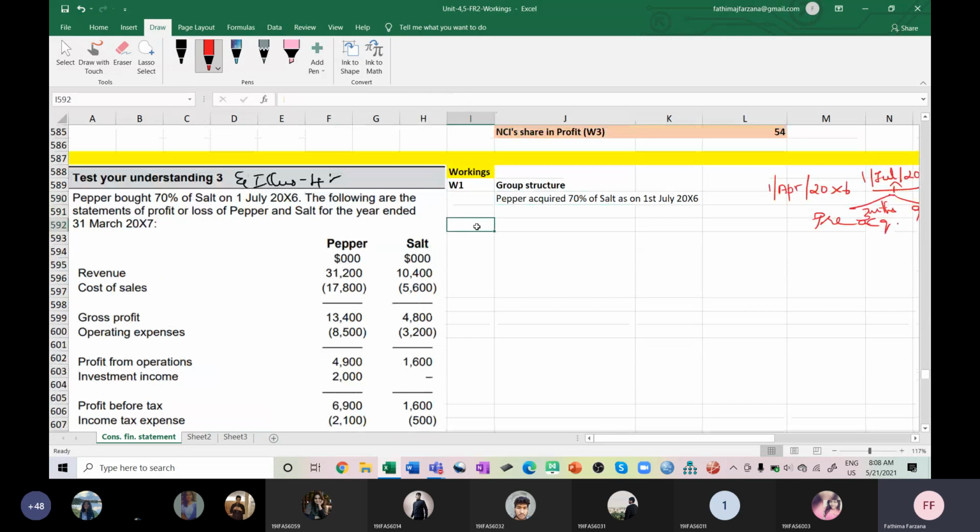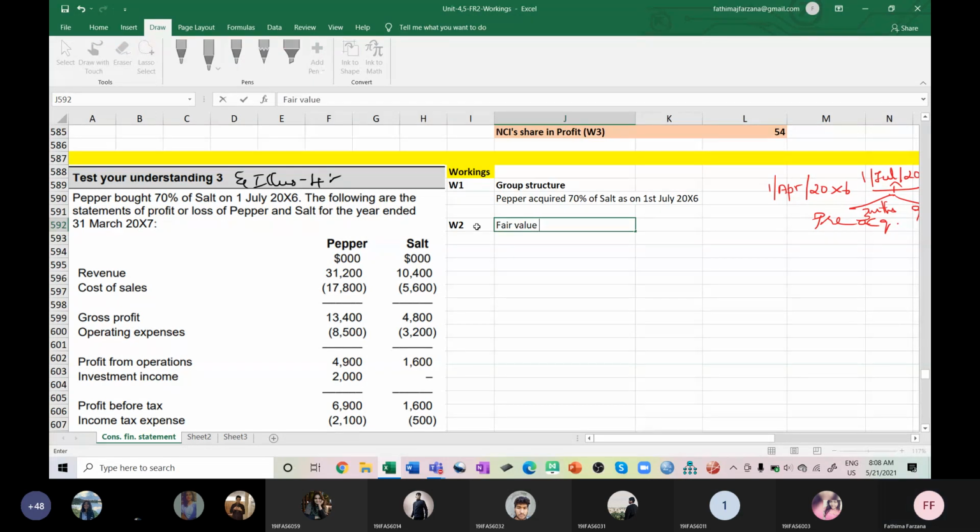You can follow the book or my style, whichever you feel comfortable with. Here I'm going to do the fair value depreciation, the fair value adjustment. How much is the fair value adjustment? It is 5,000.